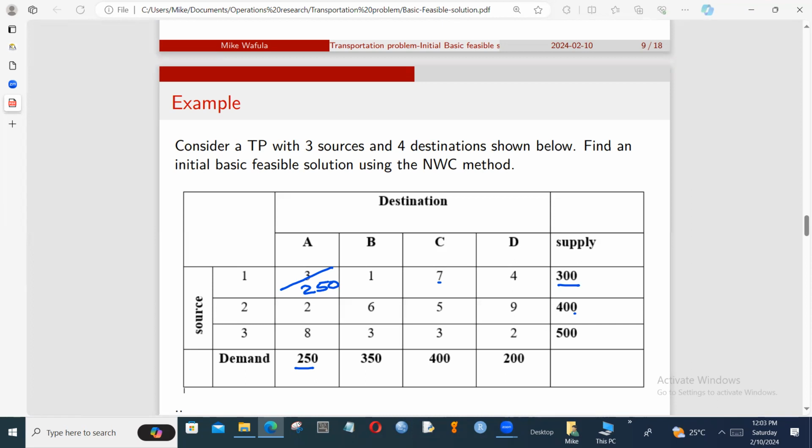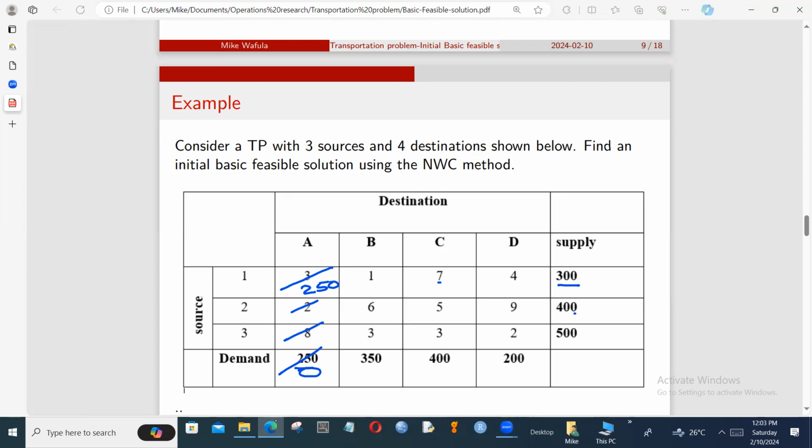Once you have assigned 250 there, then when you look at destination A, it only required 250 units. So when you assign 250 in that particular cell, you have already met the requirement of destination A. Therefore you cancel 250 and write 0. Destination A will not receive any other unit from source 2 and source 3.